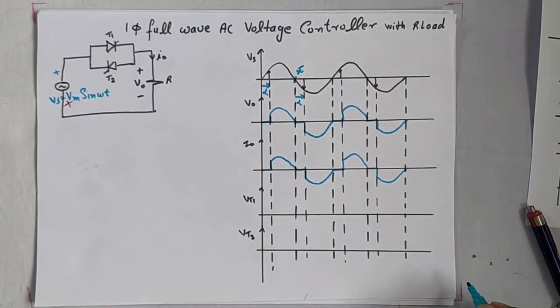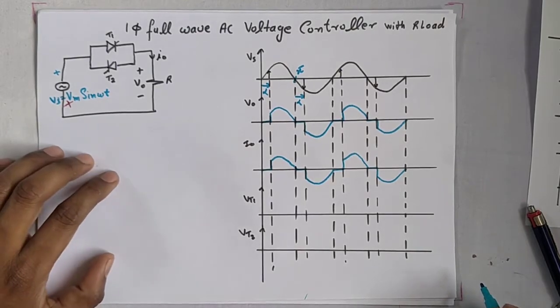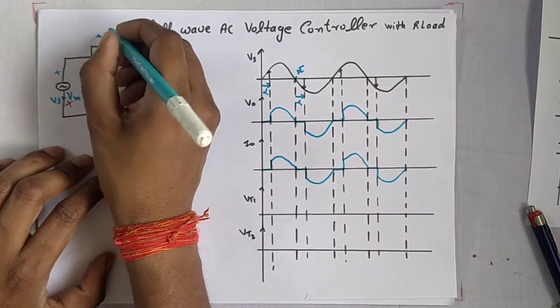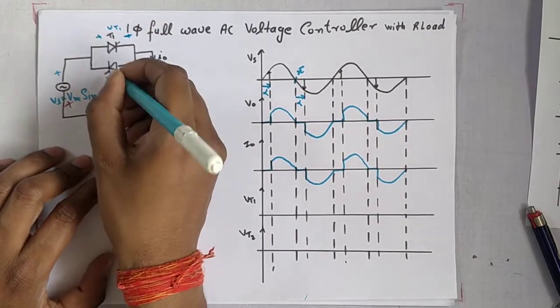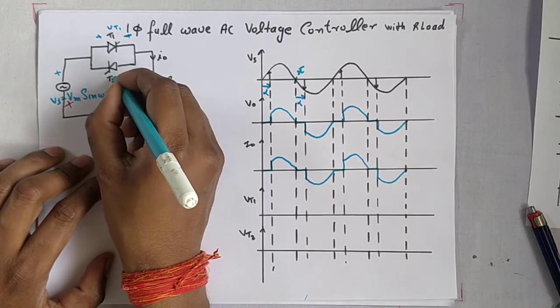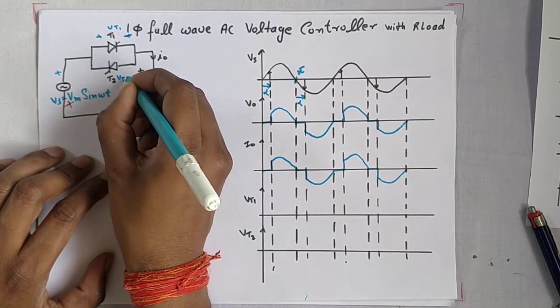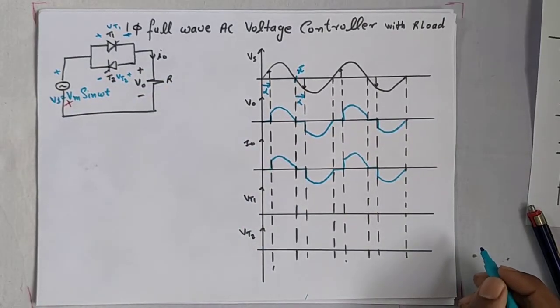Okay, now let's see what the voltage across thyristor T1 is. This is VT1 plus minus, and this is VT2 plus minus. Now listen carefully.